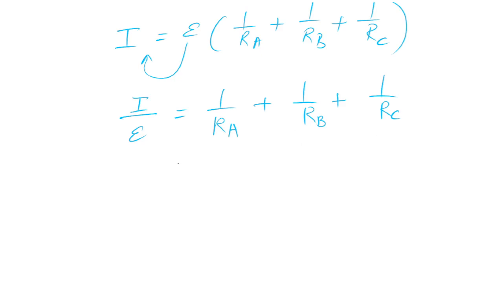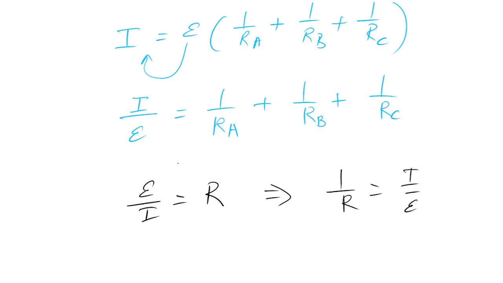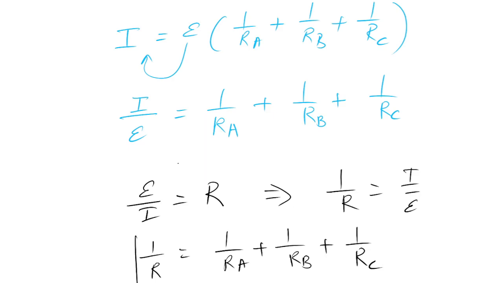Again, I have to bring Ohm's law here, and we know Ohm's law, epsilon by I is equal to R. So take the reciprocal of this. I can write 1 by R is equal to I by epsilon. So here we can write 1 by R is equal to 1 by RA plus 1 by RB plus 1 by RC, right?